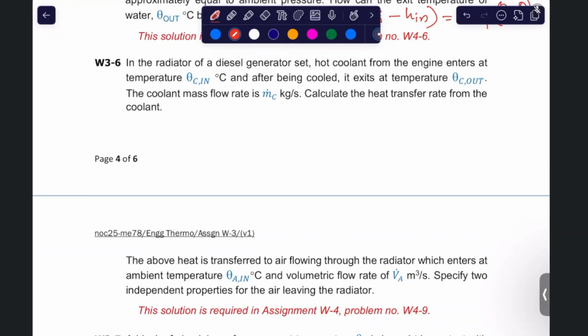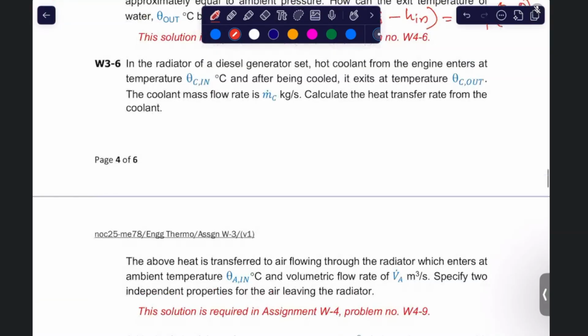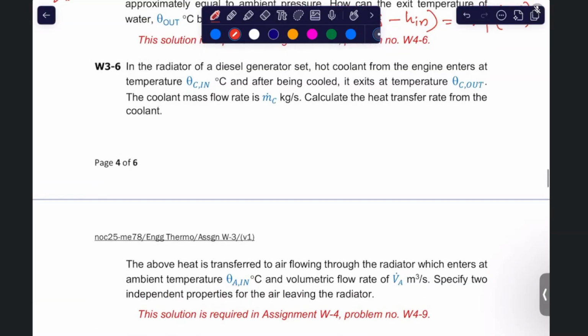Now, sixth question. In the radiator of a diesel generator set, hot coolant from the engine enters at the temperature theta c, inlet degree centigrade. So c is for coolant, I guess. And after being cooled, it exits at temperature theta c, out. The coolant mass flow rate is m dot c, kilogram per second.